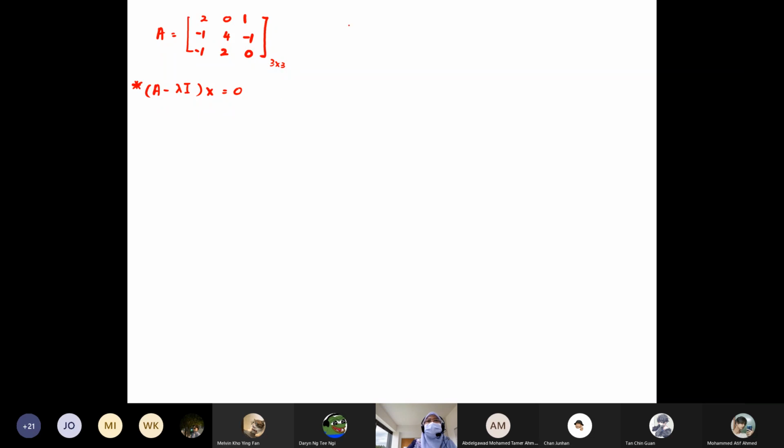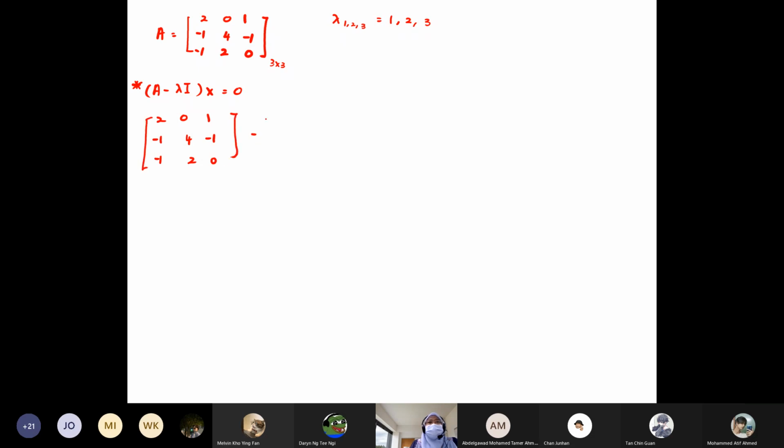So we want to prove that the eigenvalues lambda 1, 2, 3 are equal to 1, 2, and 3. Let's write down 2, 0, 1, then negative 1, 4, minus 1, 2, 0.